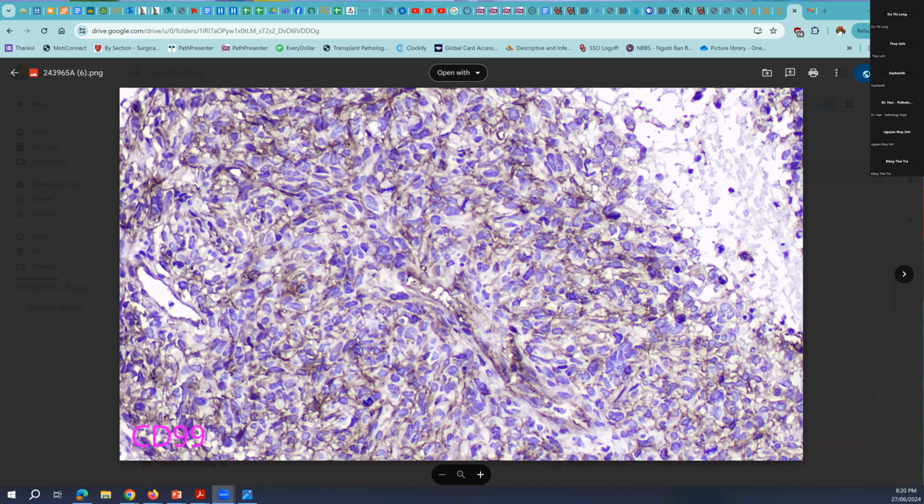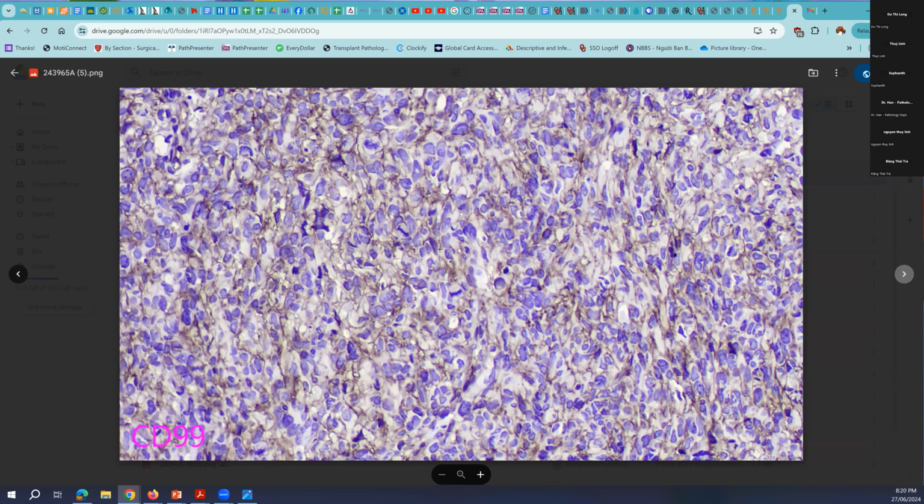And so here we see CD99, which is highlighting the membranes of these cells fairly strongly. It's not quite as dark. Oftentimes CD99 in synovial sarcoma will be both membranous and cytoplasmic. It'll be both components. Here it's more membranous.